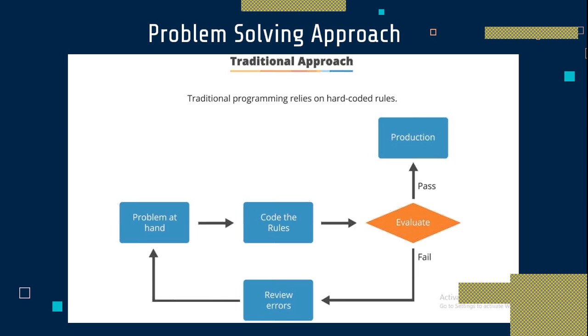So in a traditional approach, you are evaluating your hard-written code, and if it passes, you can say yes, it is my product. If it fails, you have to remove the error and then find the error again. So this is the traditional approach.